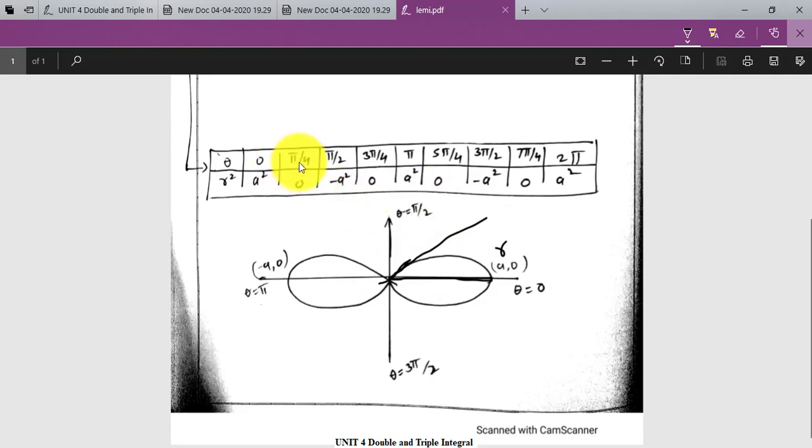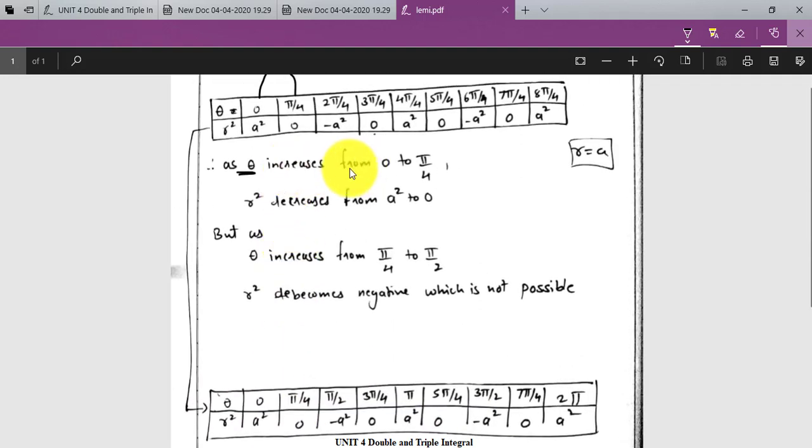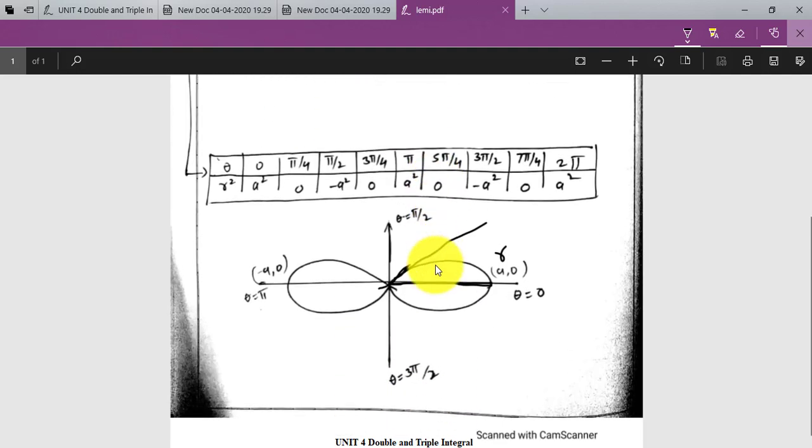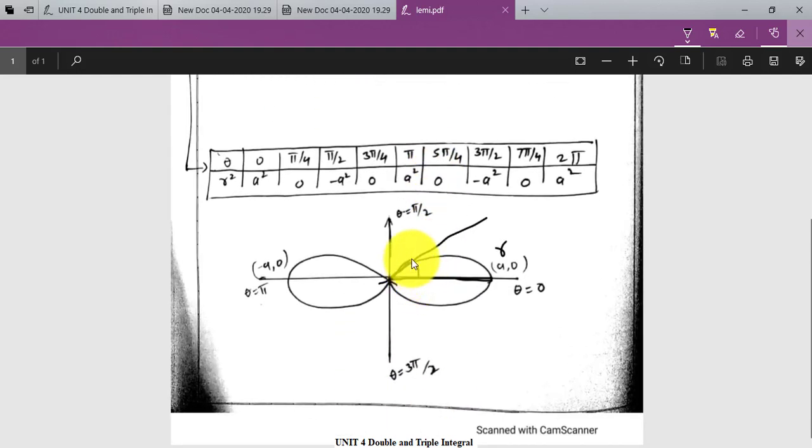So here it is pi by 4. Since theta increases from 0 to pi by 4, if I am rotating this angle like this, obviously theta is tracing all these values of r, because this is a curve.